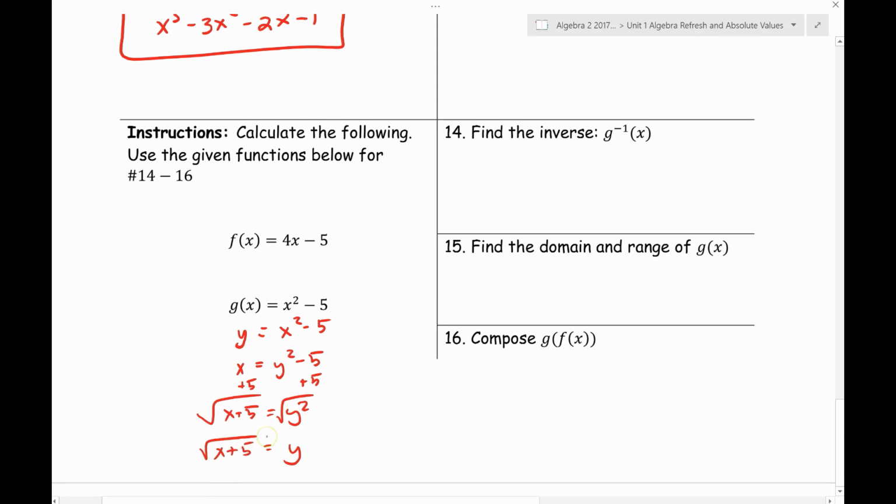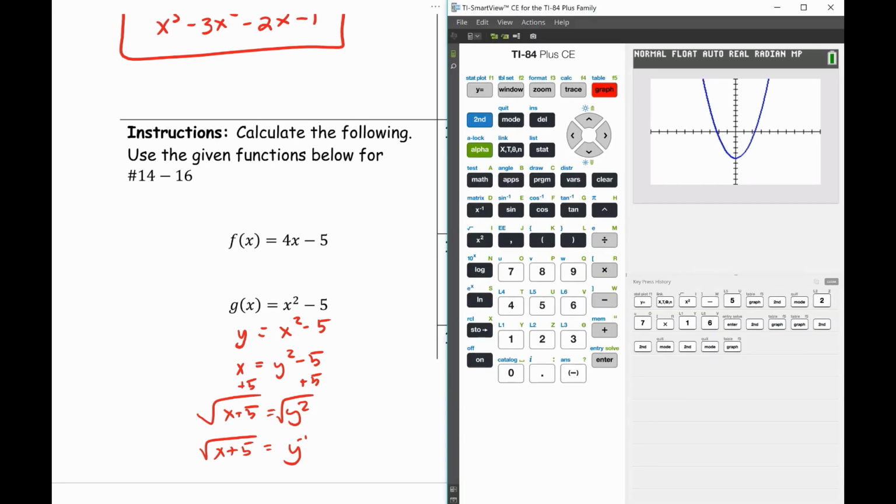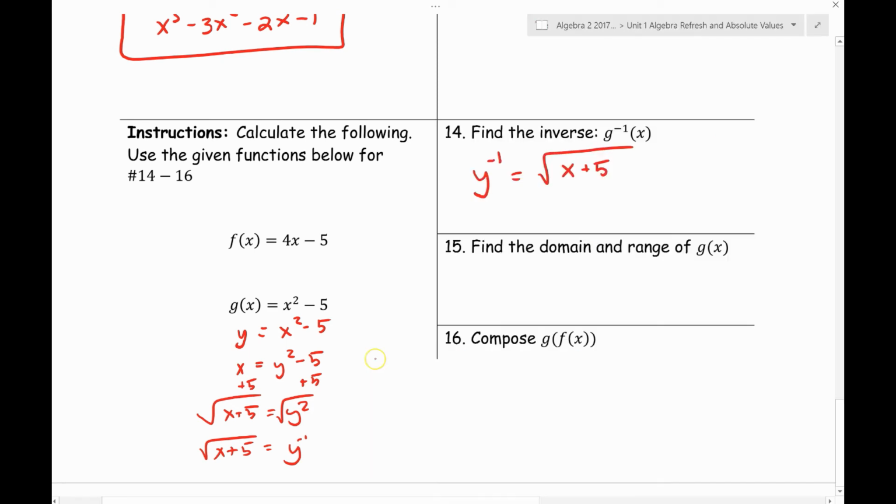Of course, I want to use my symmetric property and write it as g inverse is equal to the square root of x plus 5. Okay. Find the domain and range of g. Well, g is x squared minus 5, so let's take a look at its graph. Because it starts right over here at -5 for the range and goes to infinity, my range is going to be from -5 to infinity.